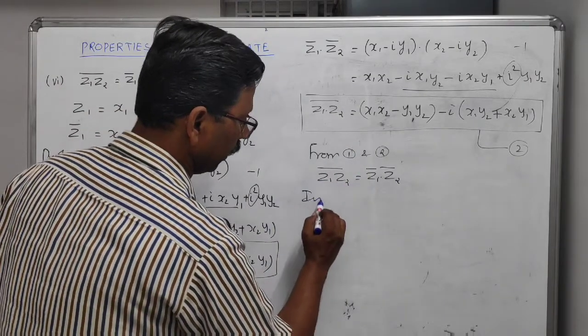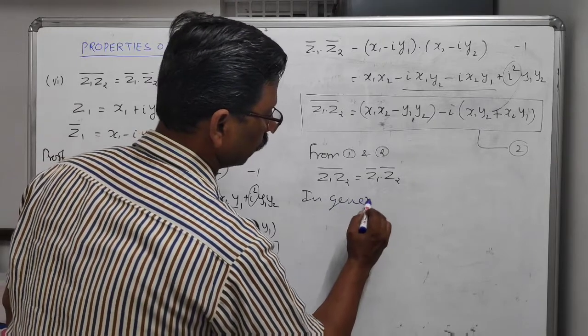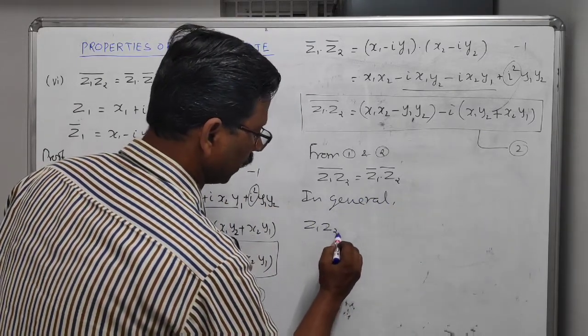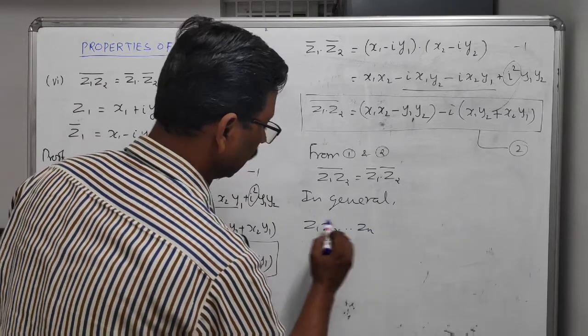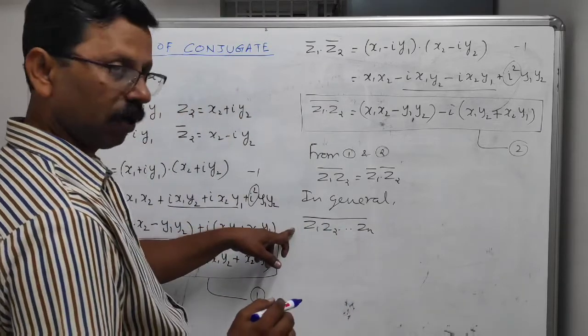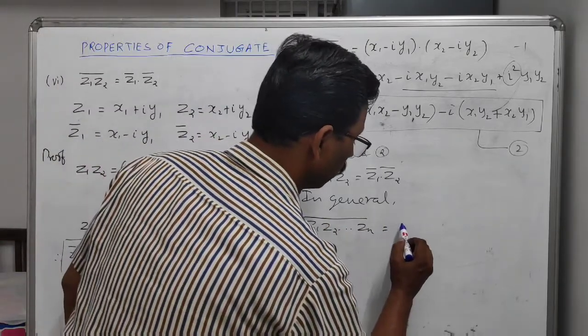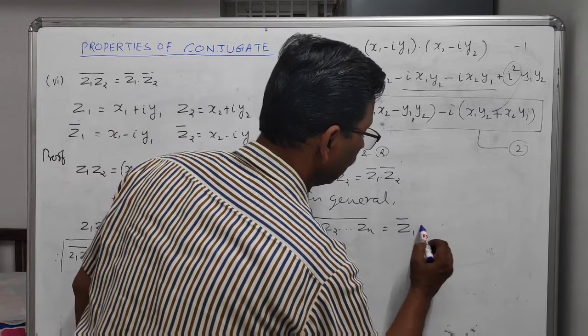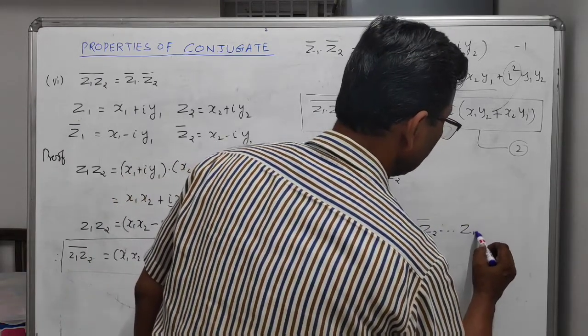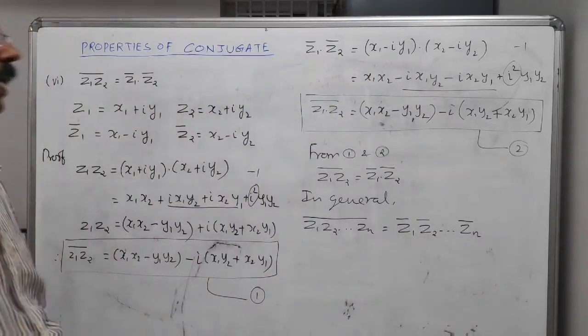You can say in general, Z1 into Z2 into etc. into Zn, that is the product of n complex numbers, for that we are taking the conjugate, that will be equal to the product of their conjugates, Z1 bar into Z2 bar into etc. Zn bar. This can be proved like this.